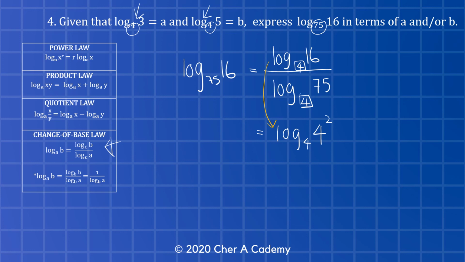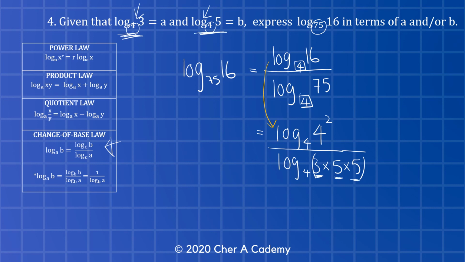Okay, and my bottom log base 4. How should I change the 75? 75 is 3 times 5 times 5, right? And I can actually use this log base 4 3, and I can actually use this here log base 4 5.